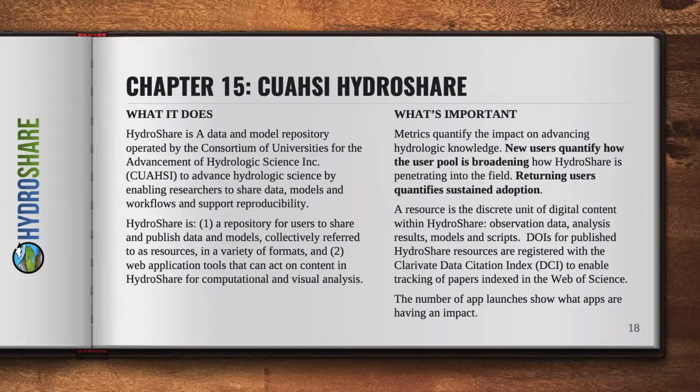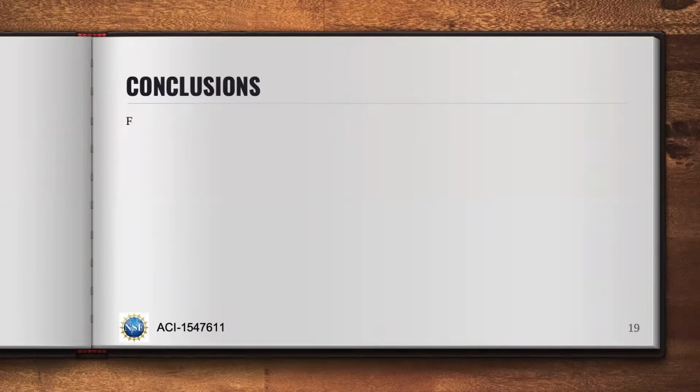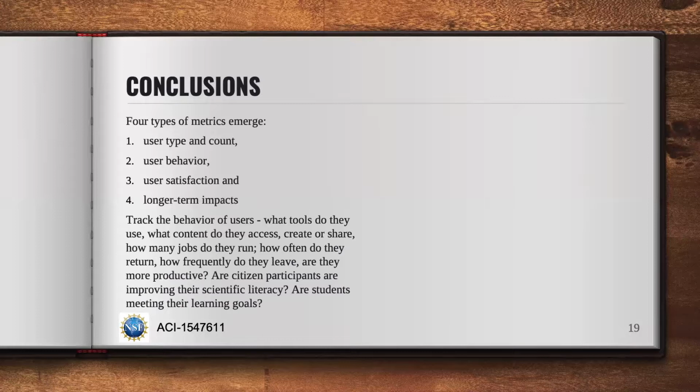Looking at so many different projects, to Kirk's point, while some of this might be obvious, I feel it's important to look at the big picture and think about all the different types of metrics there might be.